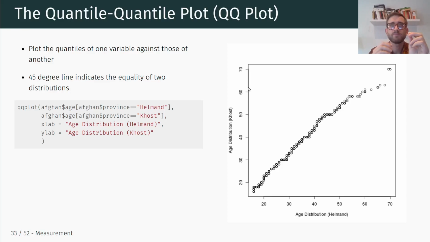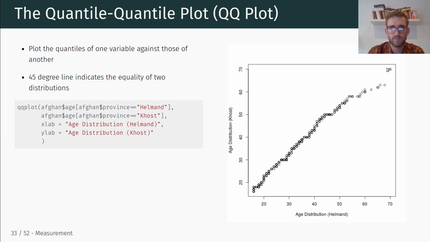So the same quantile has a lower value in Coast than in Helmand, which means that the age distribution in Helmand is more dispersed, and the age distribution in Coast is less dispersed, the range is less wide, okay?